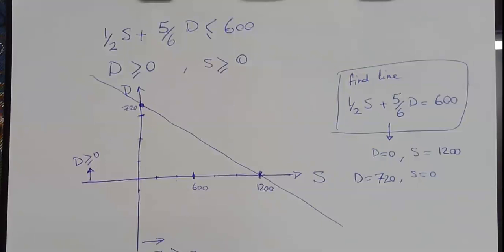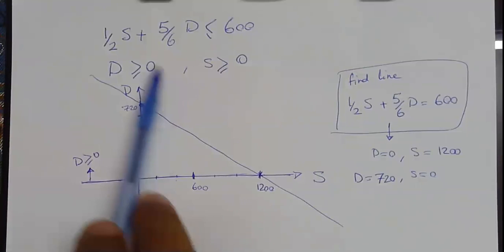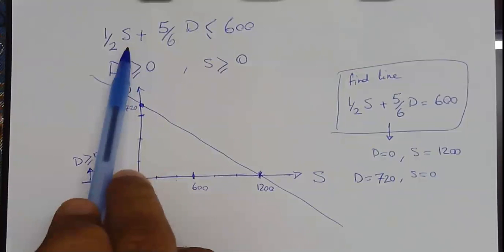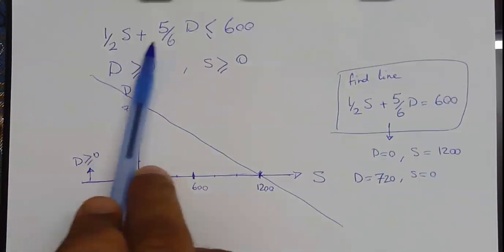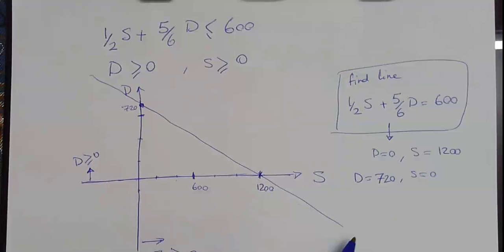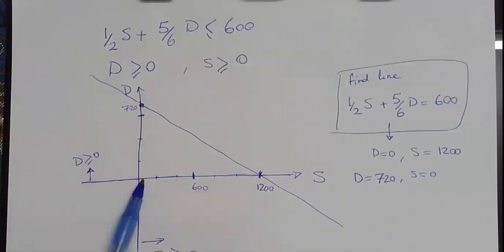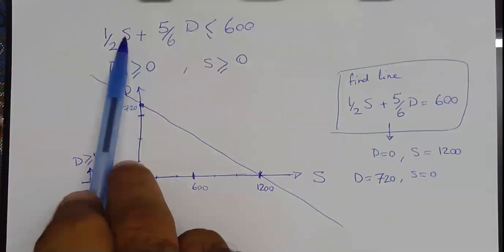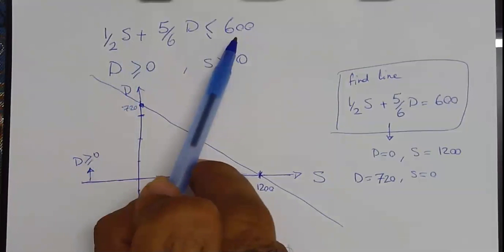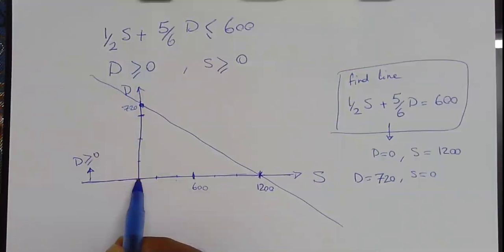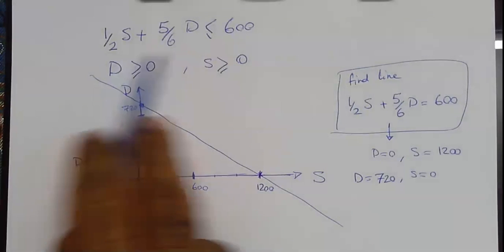To check, you can just put in the origin, when S and D are 0. 0 plus 0 is less than or equal to 600, so the origin is at the feasible side of this inequality.